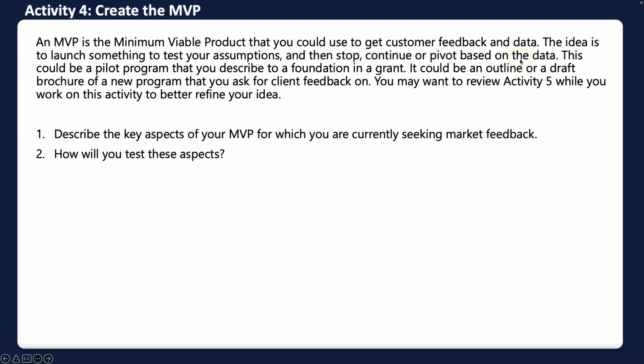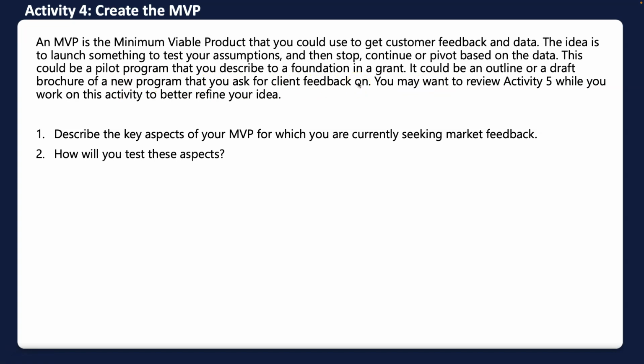Now, the project itself, the minimum viable product, if you're in a nonprofit setting, could be a pilot program that you're going to describe to a foundation in a grant. That's a real world type of thing, because it is all hypothesis at this point. It could be an outline draft brochure of a new program that you're asking for client feedback on.